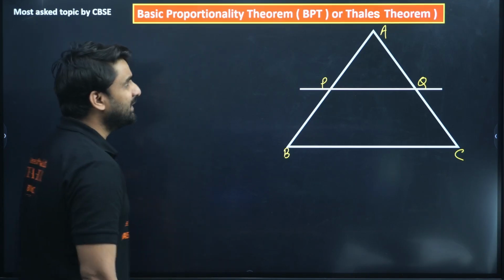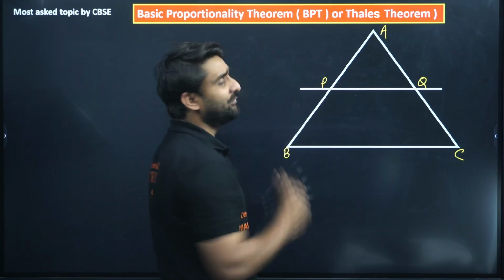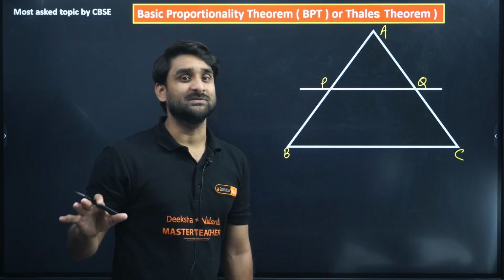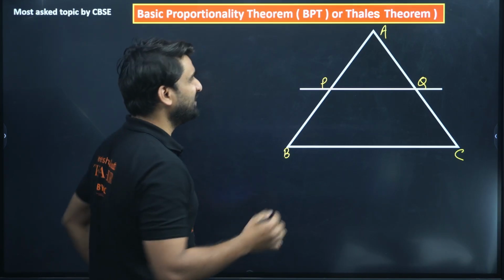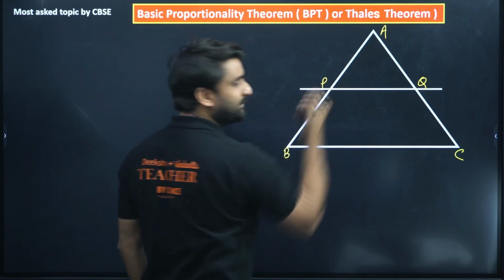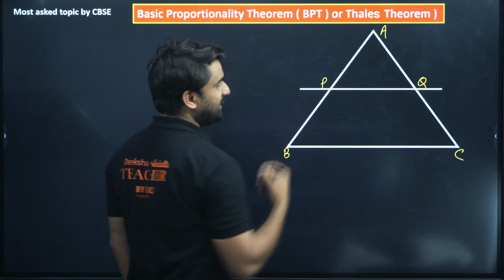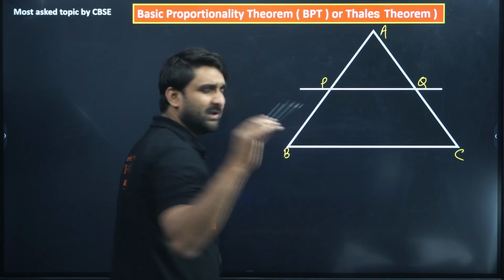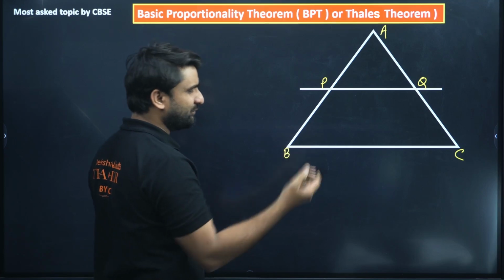Before starting the proof of this theorem, you should know what exactly the BPT is. There is a triangle ABC, and if we draw a line PQ, so ignore PQ for a while.